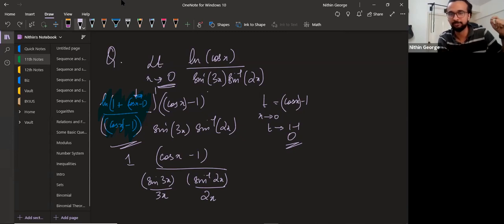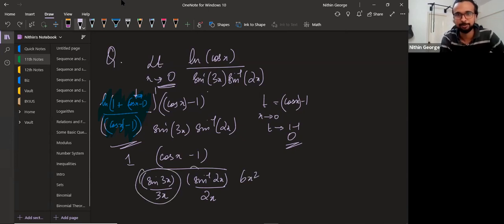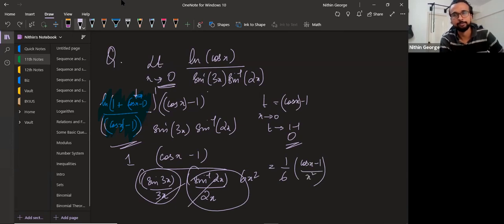So to compensate for that, we multiply by 6x square here. And I can see that this part and this part is nothing but 1. And then I have cos x minus 1 divided by 6x square. I'll write that as 1 by 6 into cos x minus 1 divided by x square.